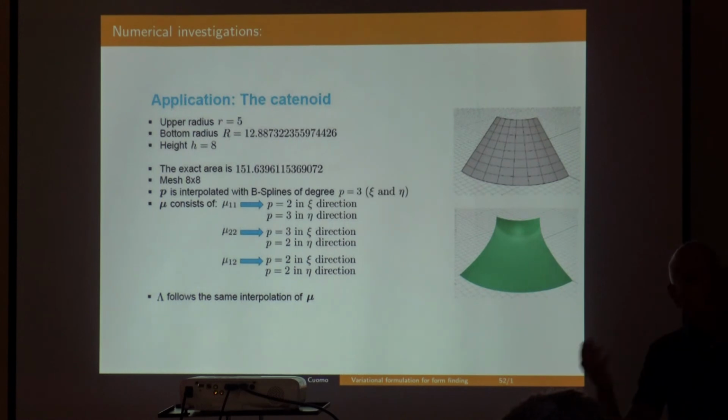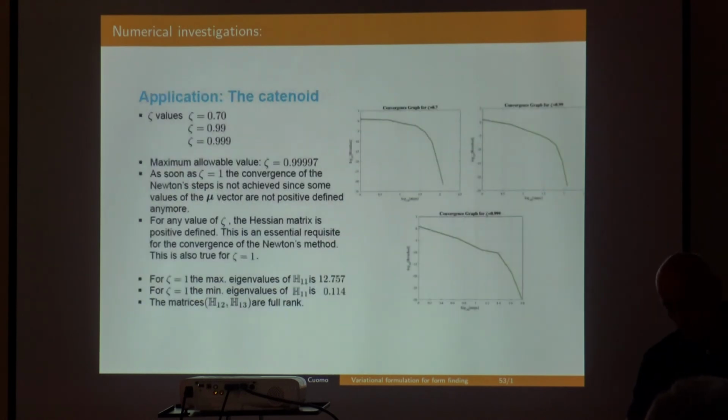This is a quarter of a catenoid, of course. The exact solution is known, so we can test the solution we obtain, and this is the exact area. These are the degrees of interpolation used for the displacement and for this stress component. The same interpolation is used also for the Lagrange multiplier, the kinematic Lagrange multiplier, capital lambda.